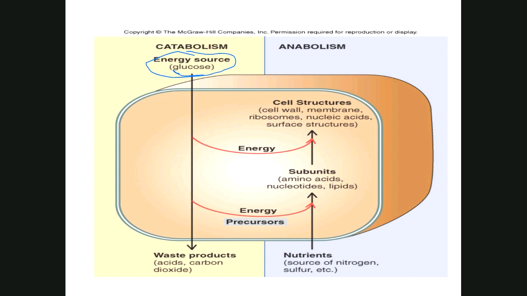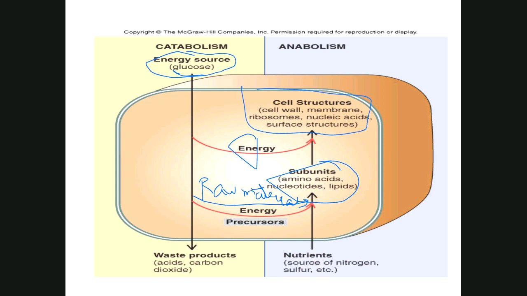First, energy is released. We already talked about that. But also, almost as important or more importantly, subunits, raw materials are being produced. So this produces raw materials that anabolic reactions are going to use together with the energy to build things up.